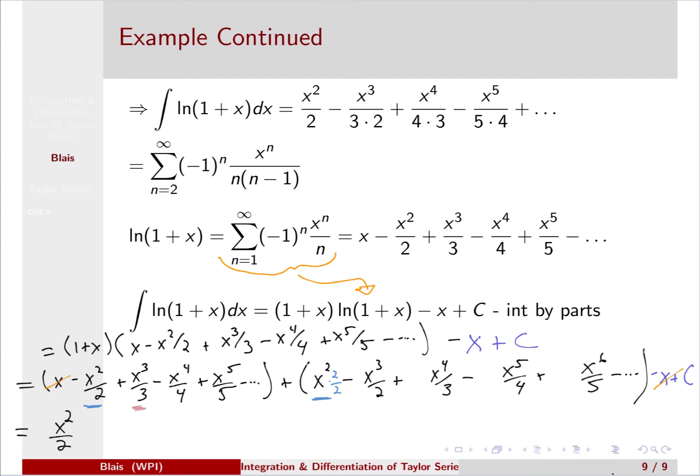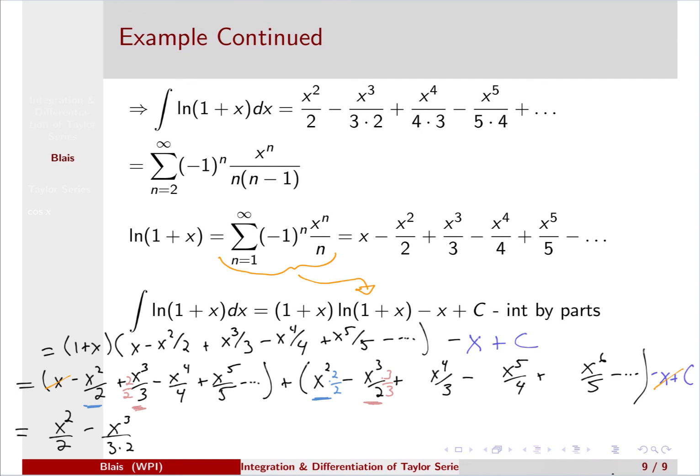For the x cubed term, we need a common denominator, which will be 2 times 3. So this term here, we need to multiply by 3 over 3, and here we need a 2 over 2. When we do that, the result is a denominator of 6, and we have a 3x cubed, a negative 3x cubed plus 2x cubed, which results in a minus x cubed over 6, which we should leave as 3 times 2.